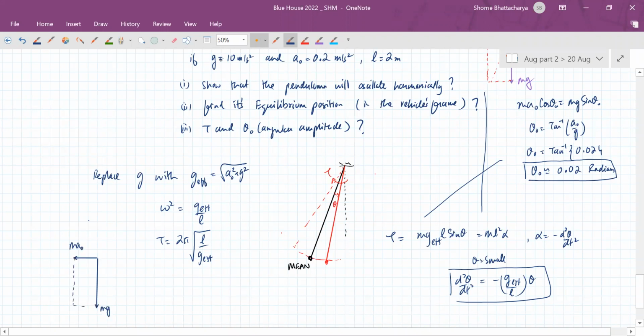That is the method we are employing. This is at theta naught, and this is your g effective. In your equilibrium position, your effective weight acts along the thread. That's why there is no alpha, no tangential acceleration.